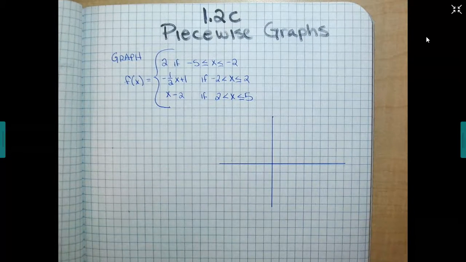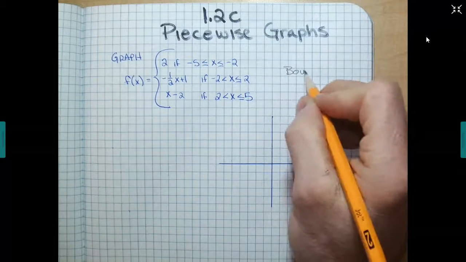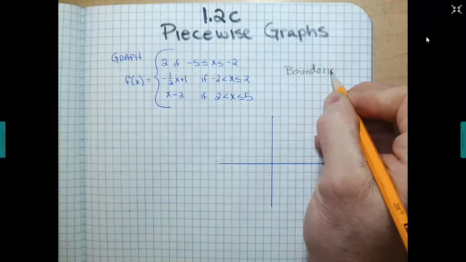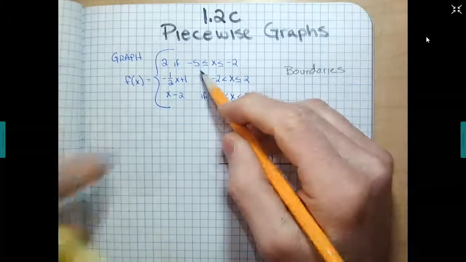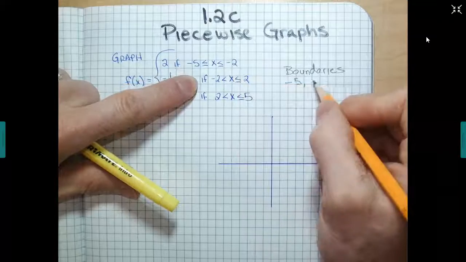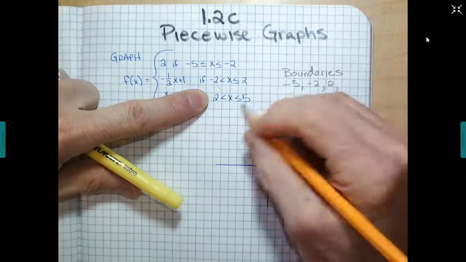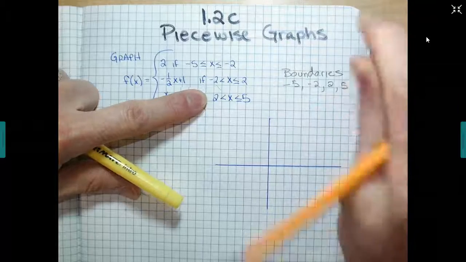If you remember, the first thing that we're going to do is write the boundaries. I'm going to highlight the boundaries. The boundaries are -5, -2, 2, and 5.